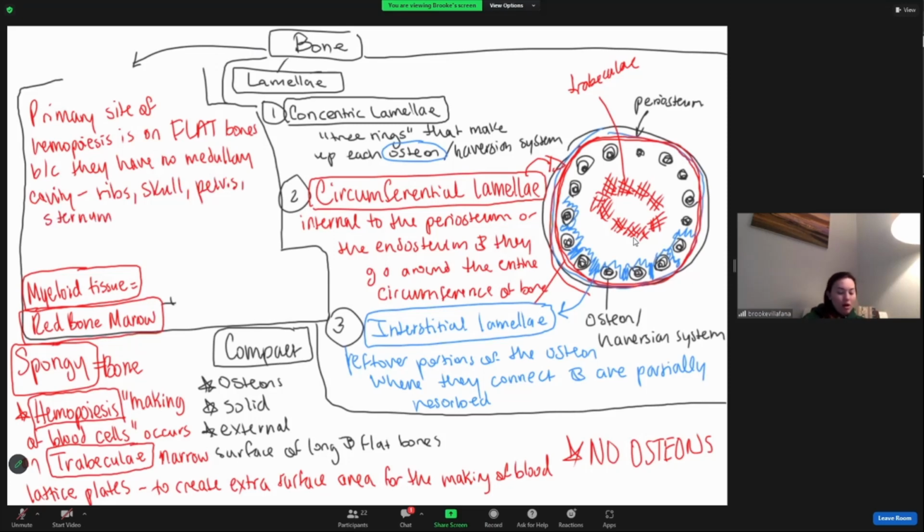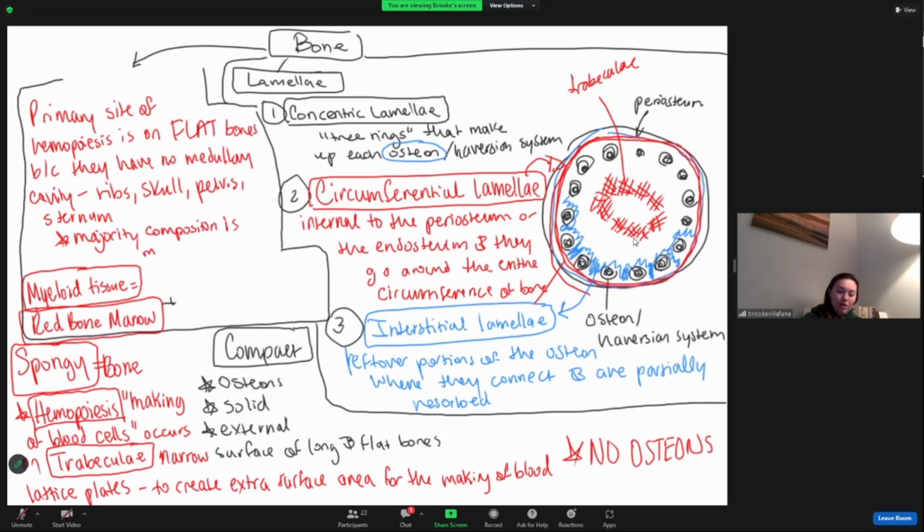Okay, so not all bones have myeloid tissue. So for example, the long bones really don't make blood. The main site of hematopoiesis is where the majority composition is myeloid tissue. Is this making sense?